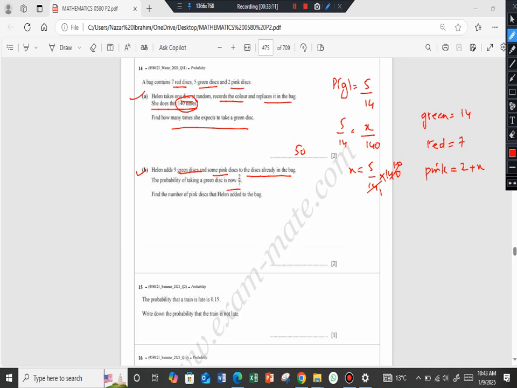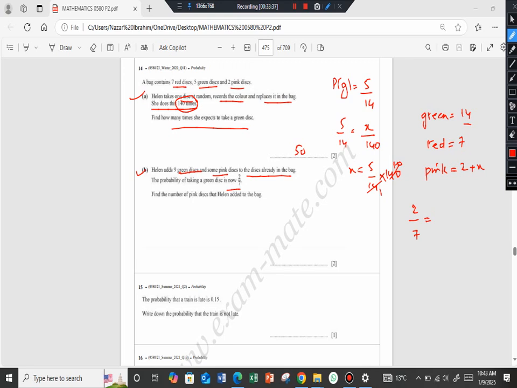Okay, so we know that the total green discs now are 14 and the probability of a green disc now is 2 upon 7. Red are 7, pink is 2 plus x.